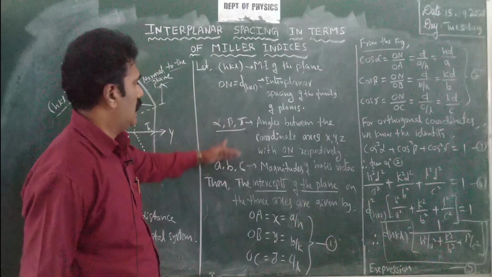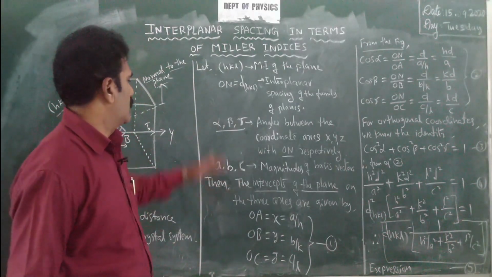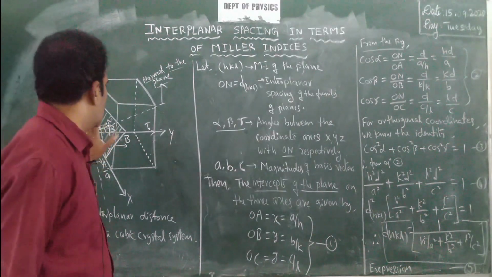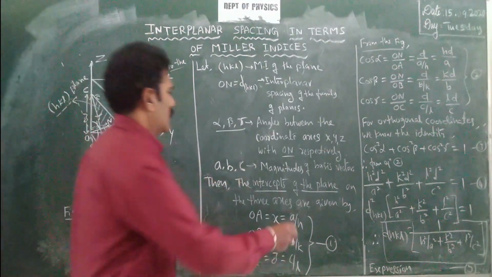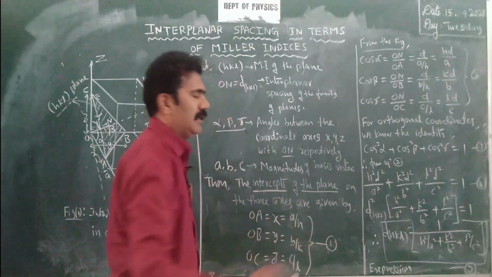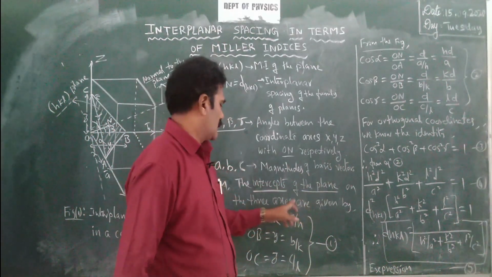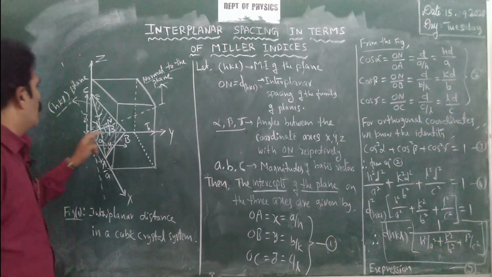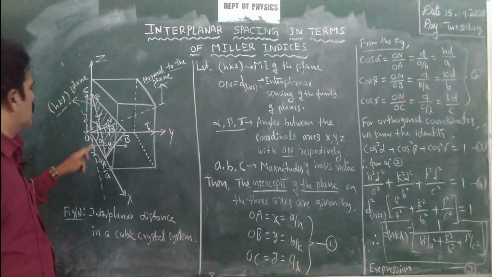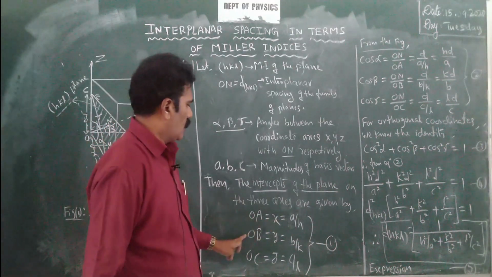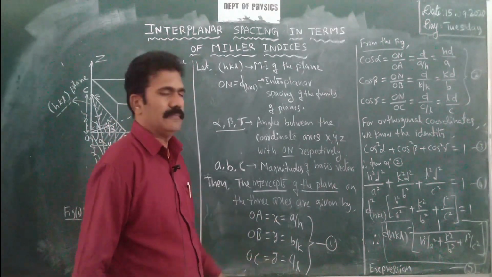After declaring all these parameters, we can start according to the definition of Miller indices. We consider the intercepts of the plane. Already we have discussed how to find the intercepts of the plane on the three axes. They are given by OA, OB, OC, the intercepts in general on X, Y and Z. So OA is equal to x, OB is equal to y, OC is equal to z.